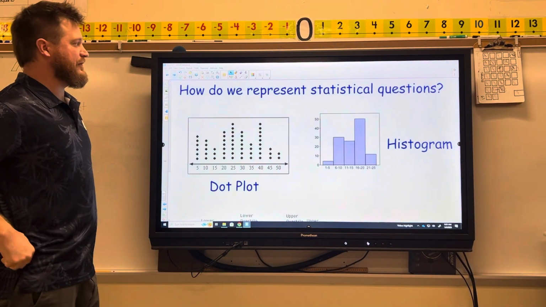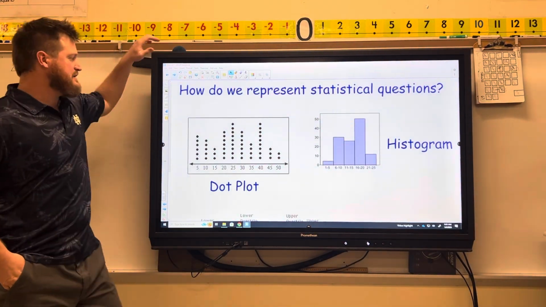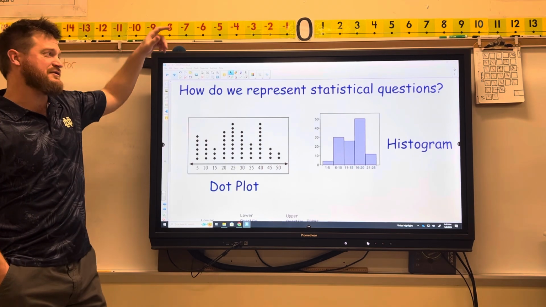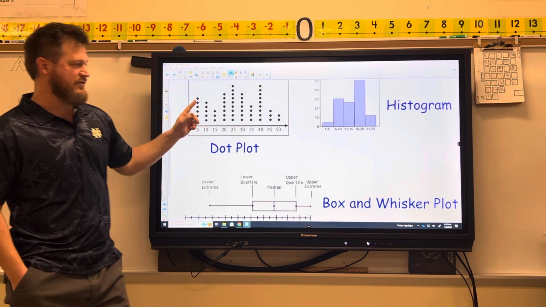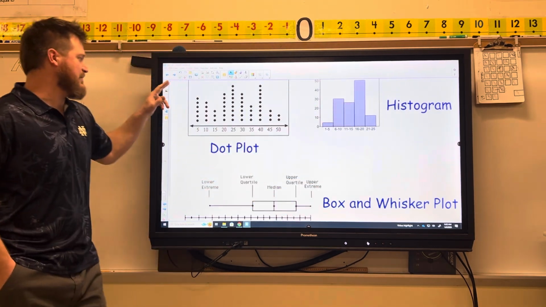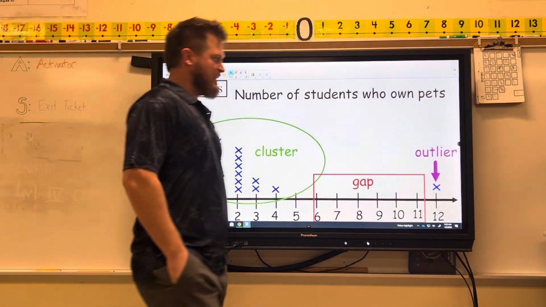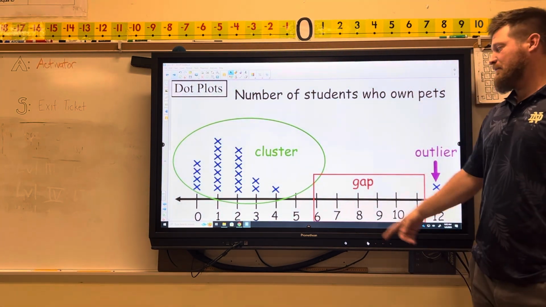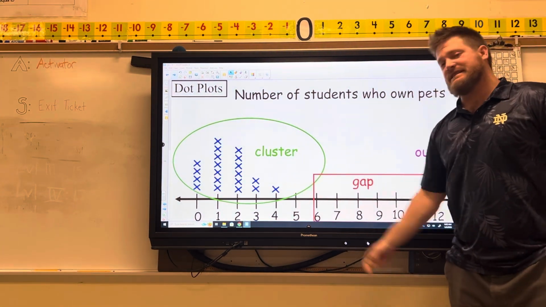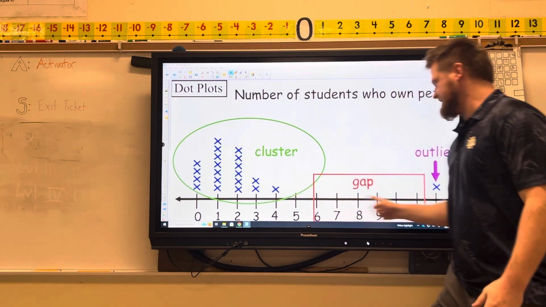We're moving on from statistical questions to how we can represent statistical questions. And today we're going to be talking about dot plots. However, later on we'll be getting into histograms and box and whisker plots. But we've already kind of taught about dot plots in the past. Dot plots can be represented by dots or X's or kind of any kind of icon that is listed on a number line.